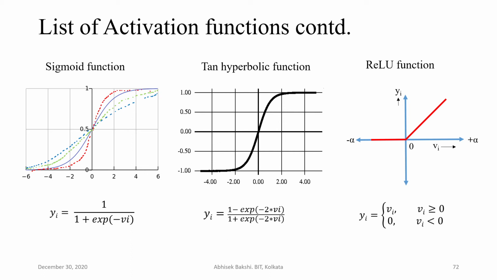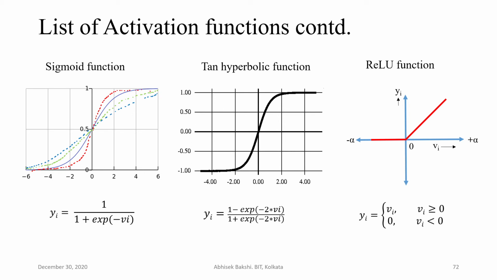Obviously, you can use this tan hyperbolic function. So if the desired output may have a negative value, which is till -1 or maybe -0.5 or -0.75, in that case sigmoid function will fail, because sigmoid function will not give you a negative value. That is why tan hyperbolic function is given.